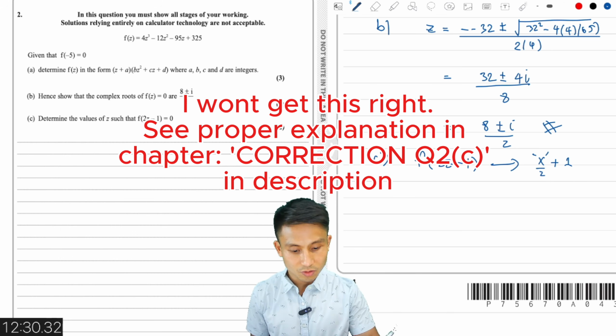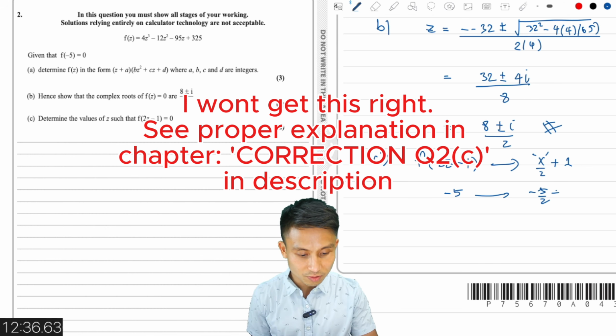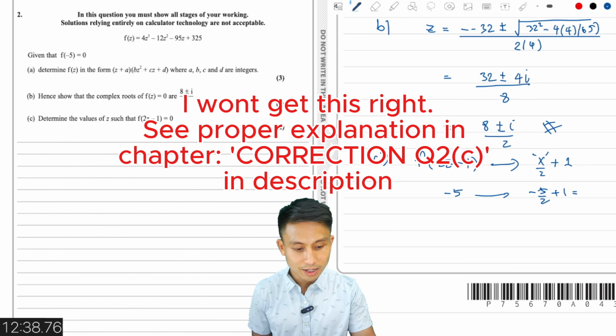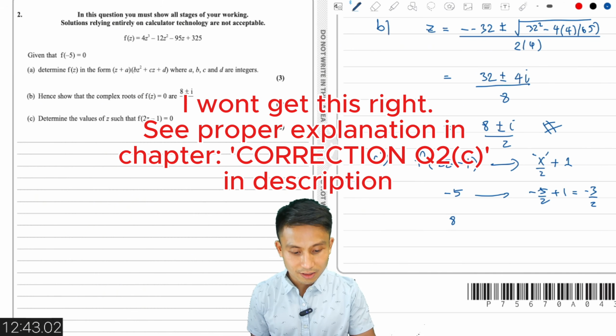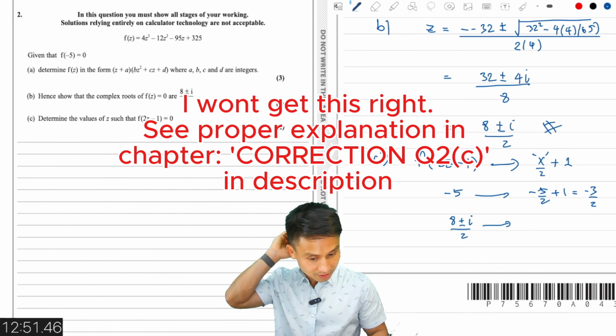Okay, so from minus 5, then it would become minus 5 over 2 plus 1, and that would be minus 3 over 2. And for the 8, so we have 8 plus minus i divided by 2. We divide the whole thing by 2 first and shift it by 1.